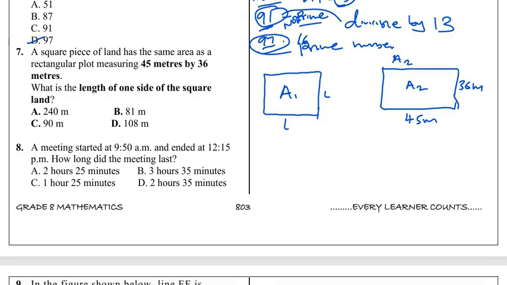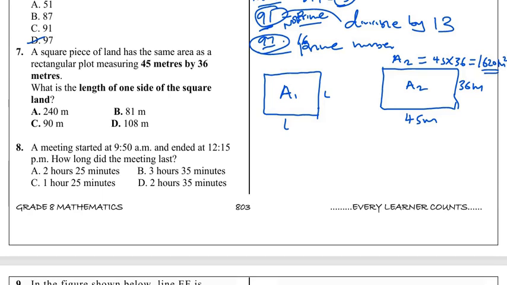To get A2, we shall take length times width, 45 by 36. This will give us 1620. Can use a calculator and confirm. 45 times 36, getting 1620, 1620 meters squared.